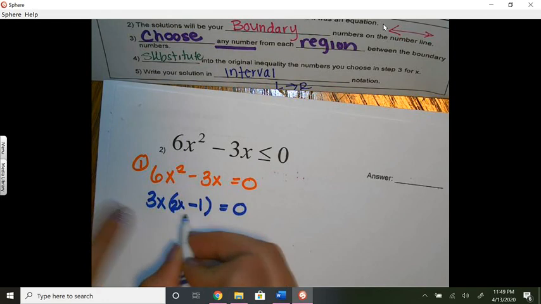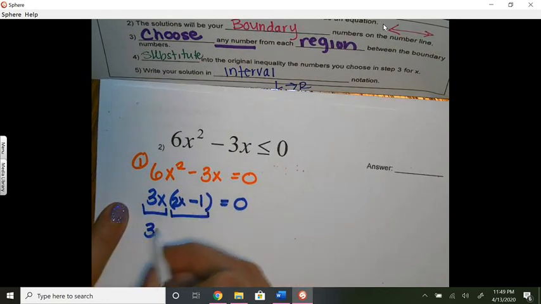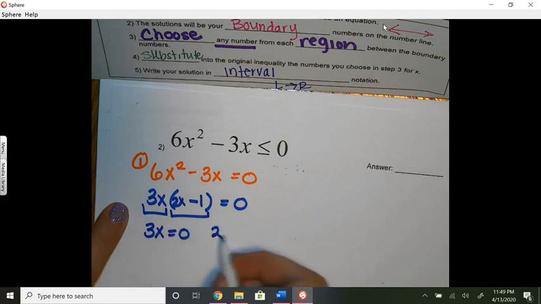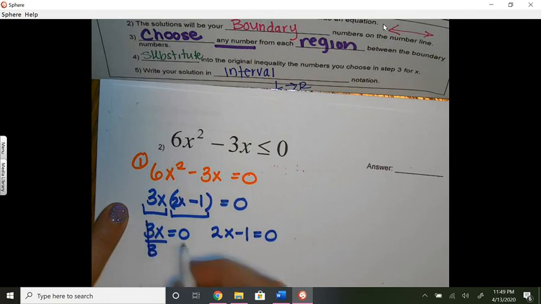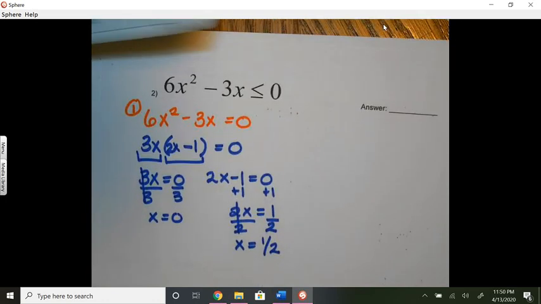And then it's completely factored, so we're going to set each of these equal to 0. And again, if you don't want to factor, you can use one of the other methods we learned in this chapter, such as quadratic formula, completing the square. Okay, so that was step number 1.